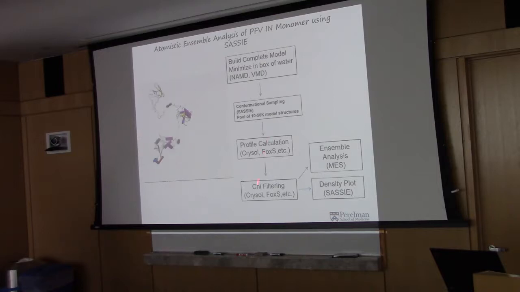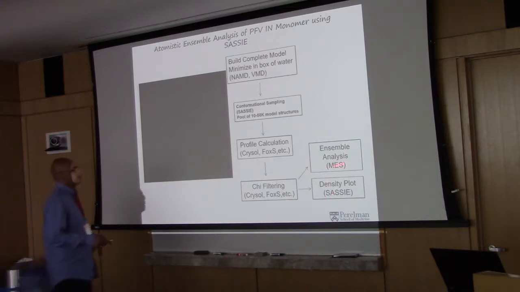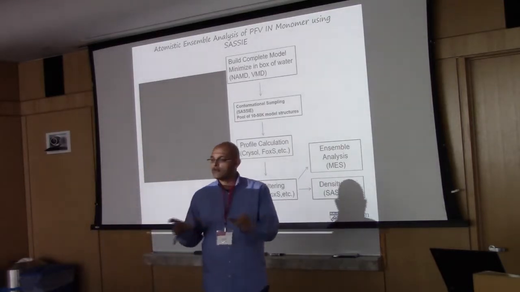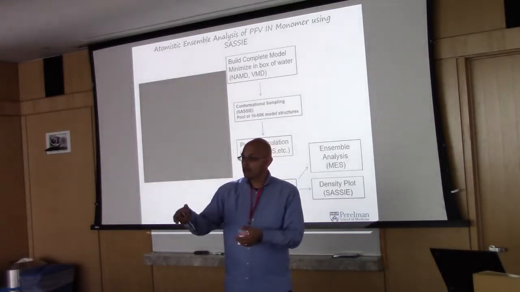We generated all the profiles, and then we started doing the chi filtering, right, using Crysol or FoXS, as well as other analyses to look at the ensemble using both SASSIE and a genetic algorithm from the Tainer group called MultiFoXS, which basically takes weighted fractions of a minimal number of sets of structures to try to find a minimal solution to your scattering profile.